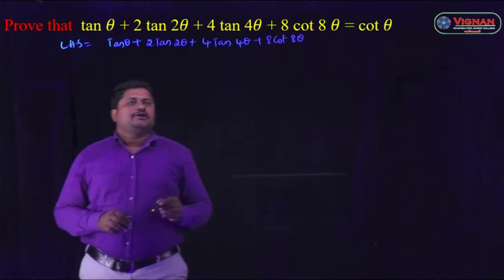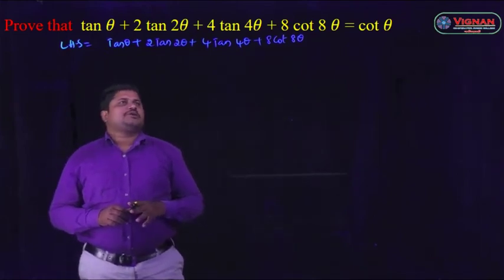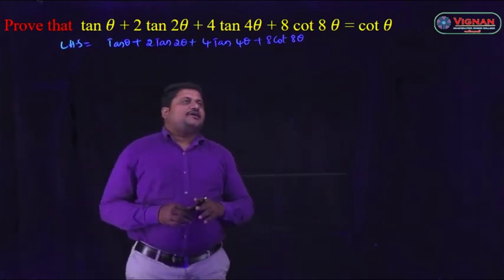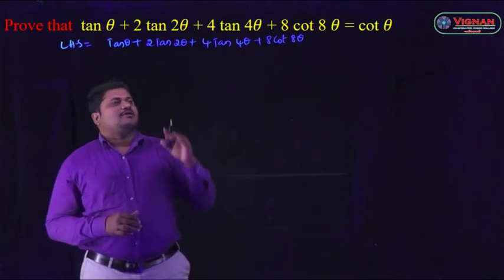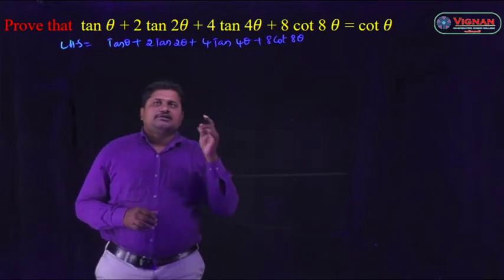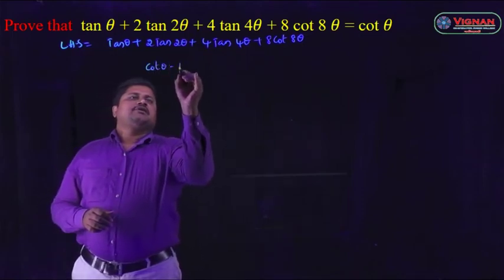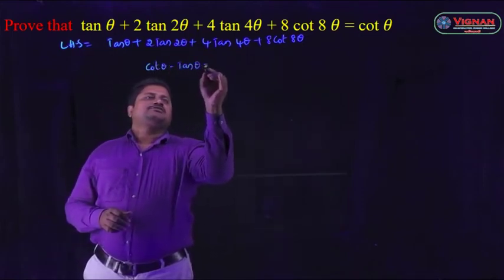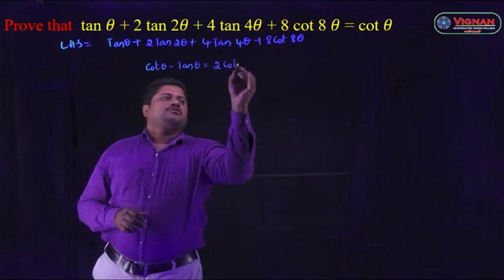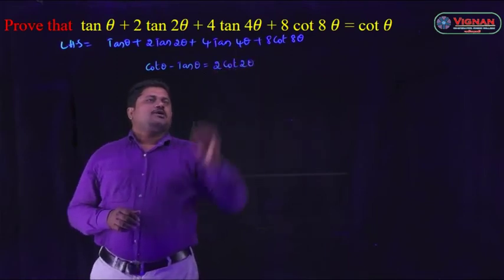We know a formula: cot theta minus tan theta is equal to 2 cot 2 theta.